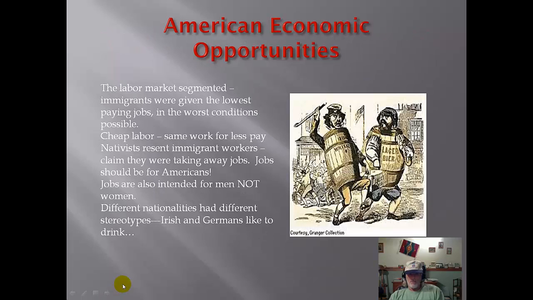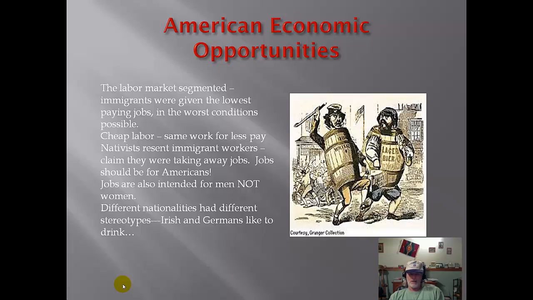As these immigrants came over, they were often given the lowest paying jobs in the worst conditions. There were no labor laws or government intervention. People were happy to find work. They were cheap labor, and there was a group called the nativists. They really resented immigrant workers, claiming they were taking jobs away from Americans, that jobs should be for Americans.